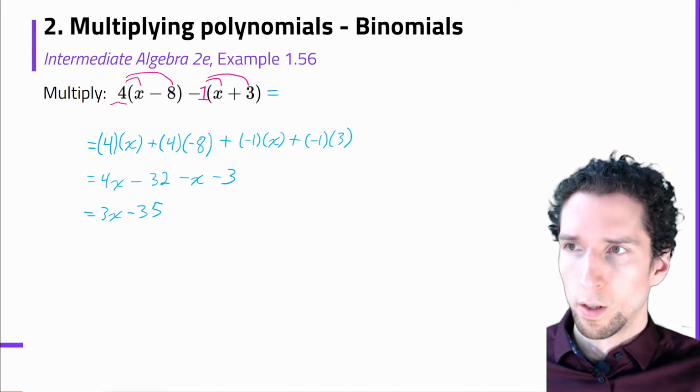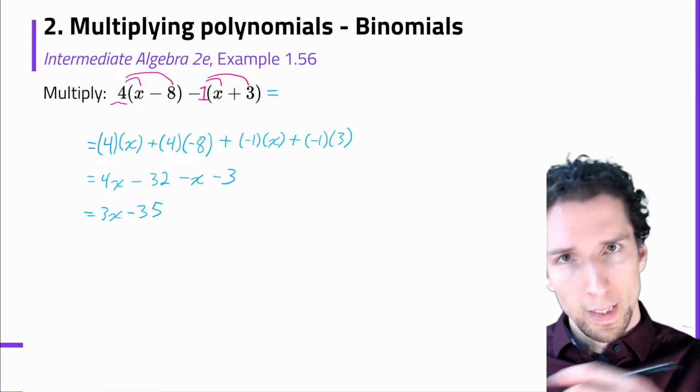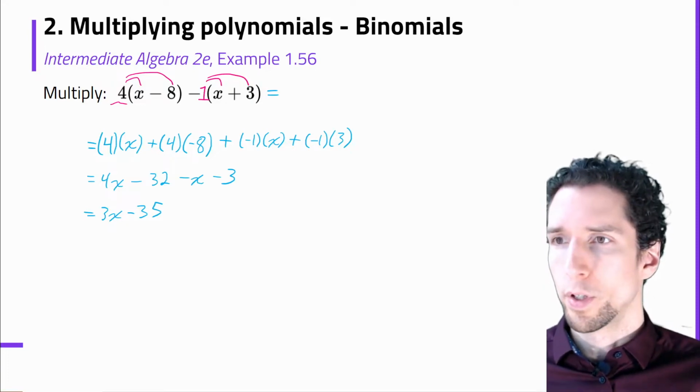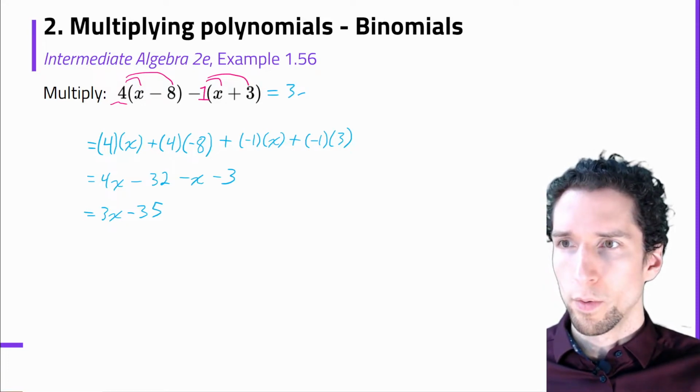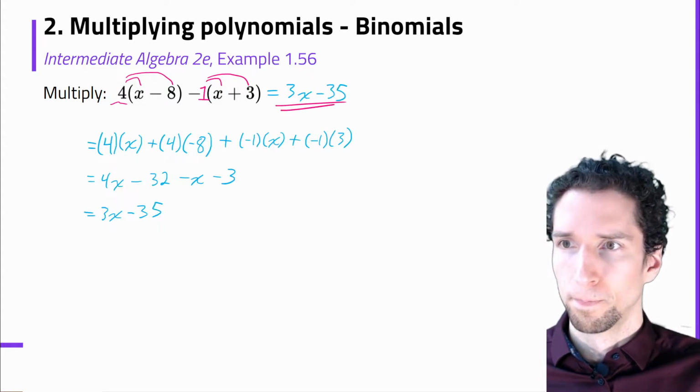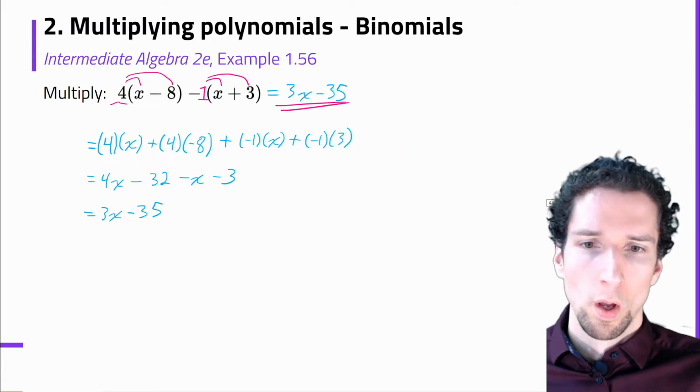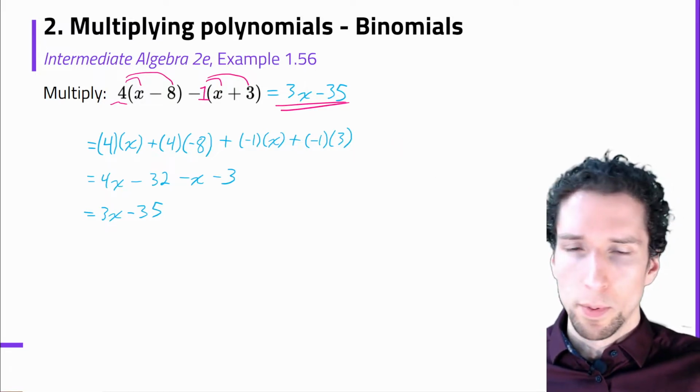So our expanded and then simplified version of this whole thing is 3x minus 35. Okay. All right, so nice simple example.